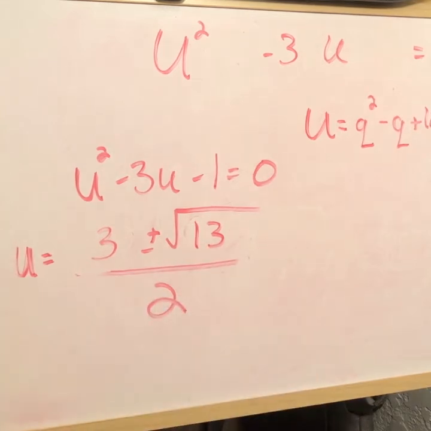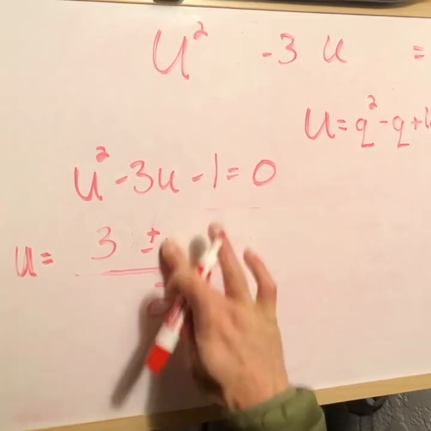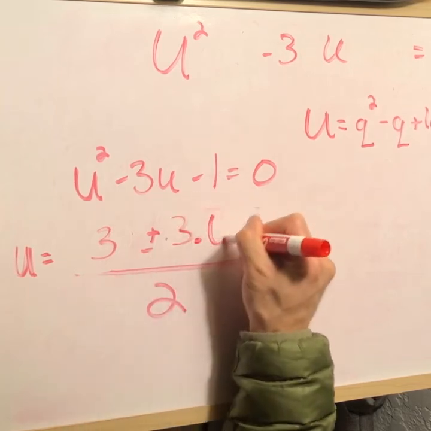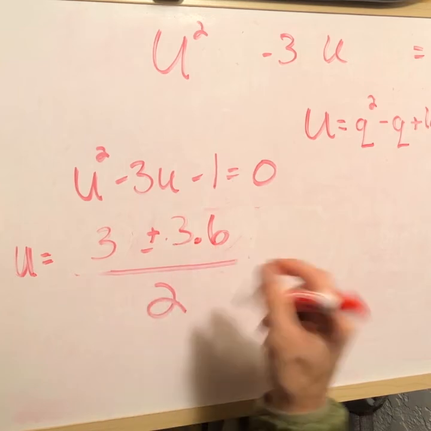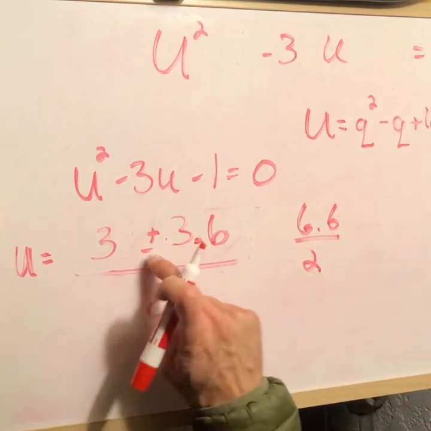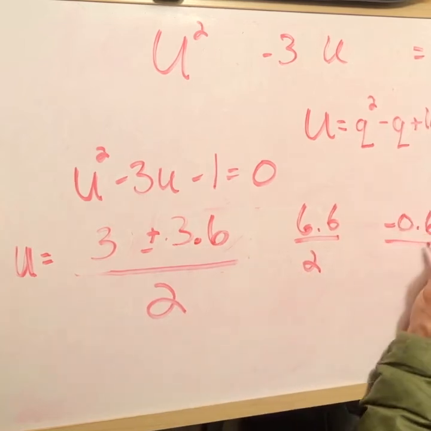Let's just round to the first decimal and say 3.6. So 3 plus 3.6, 6.6 over 2. And 3 minus 3.6 is negative 0.6 over 2.